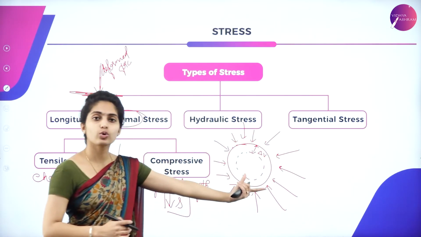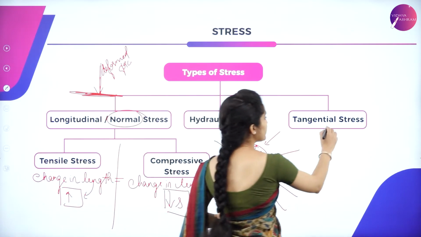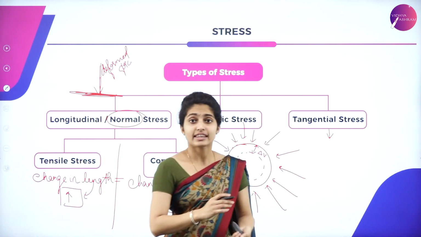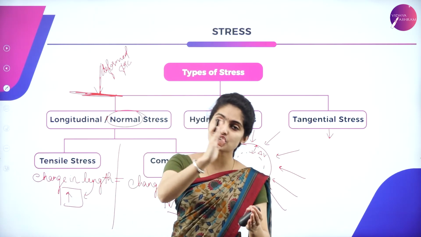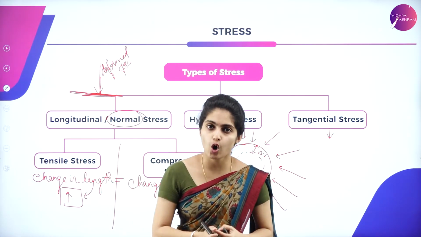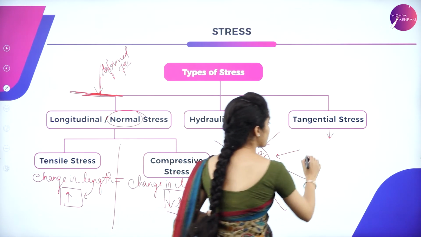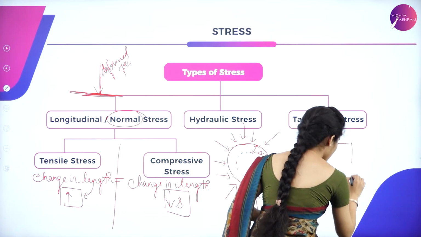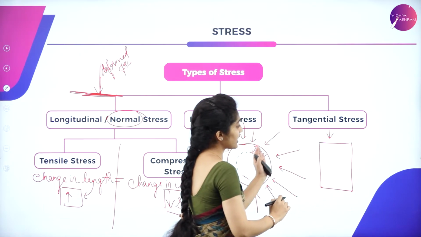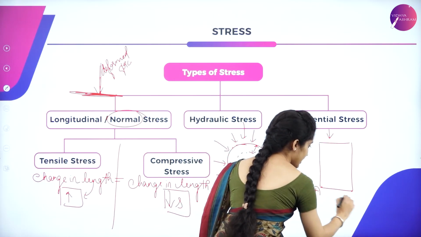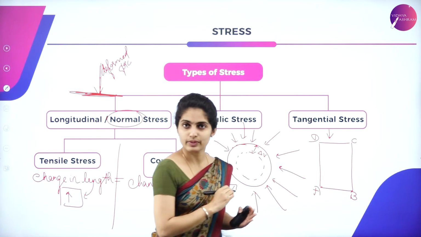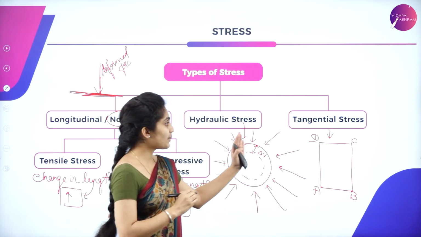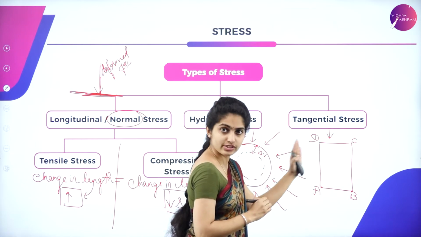Next we are going to tangential stress. What is tangential stress? The deforming force acts tangentially on the solid object. Suppose you are considering a rectangular object ABCD and you are applying a tangential stress to it.